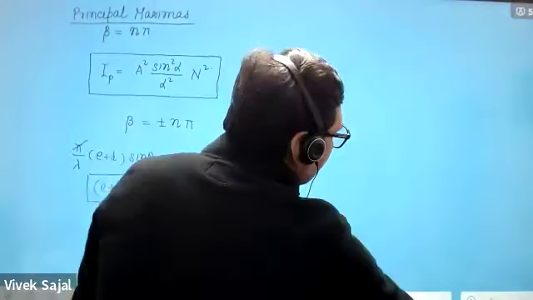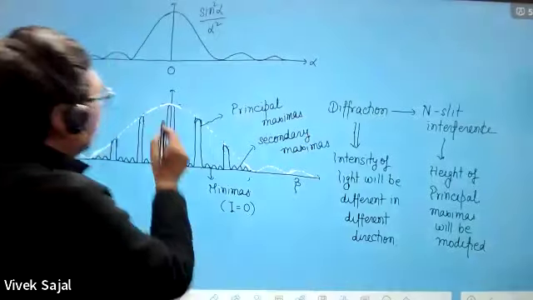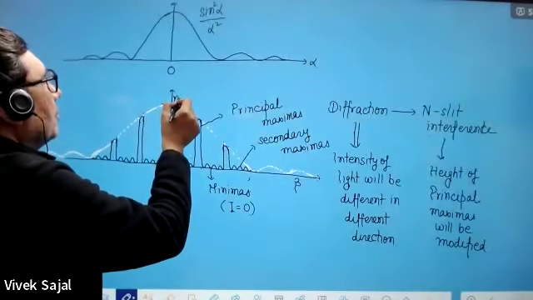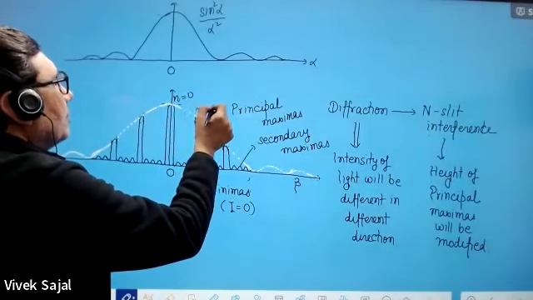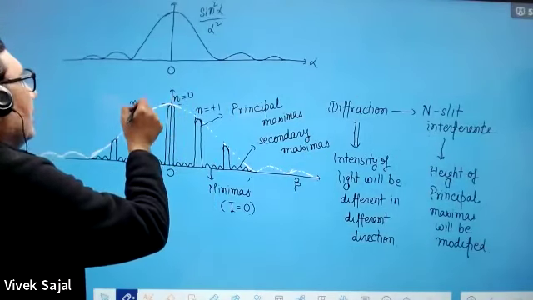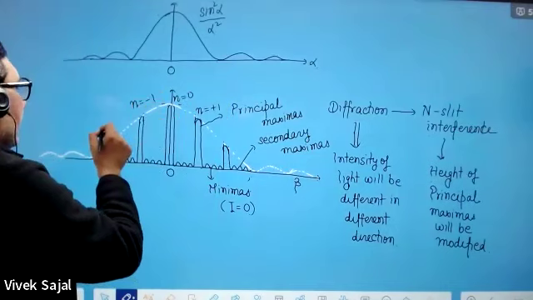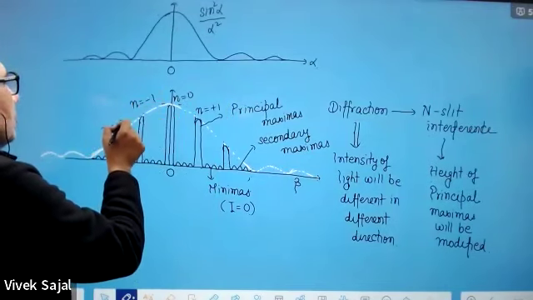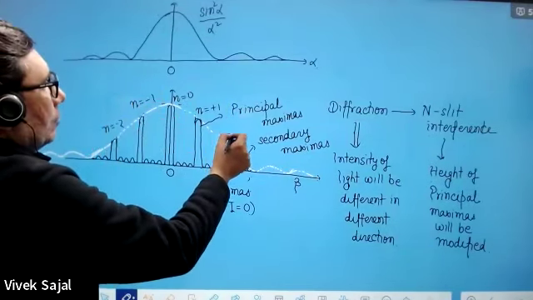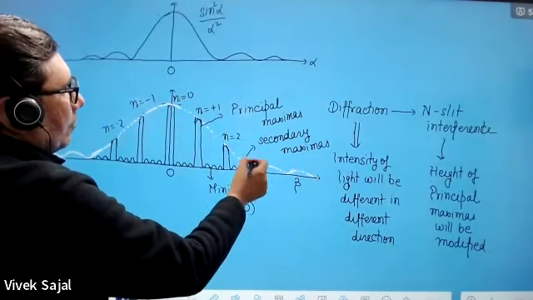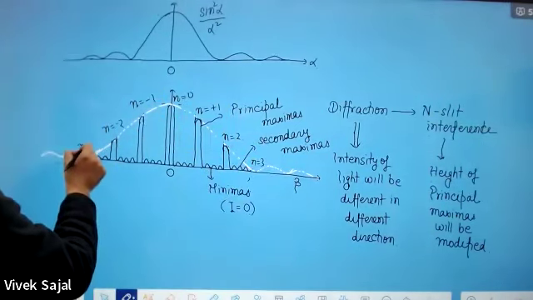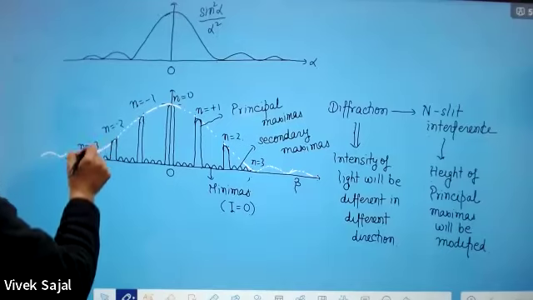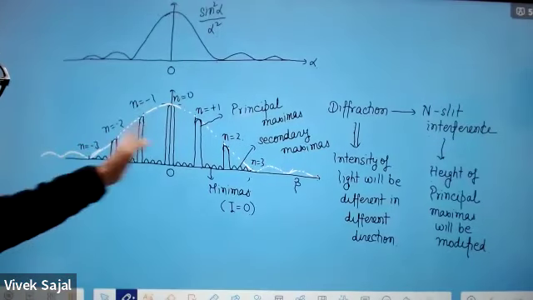So if you look at this diagram, here this is n equal to 0. This is n equal to plus 1. This is n equal to minus 1. This is n equal to minus 2. This is n equal to 2. And n equal to 3 is absent here. n equal to minus 3 is absent here. It is like this. So these n are there.